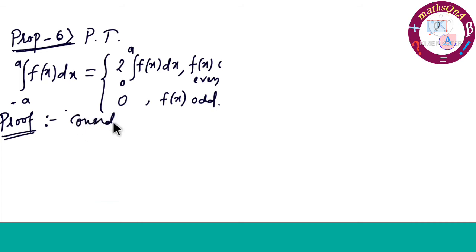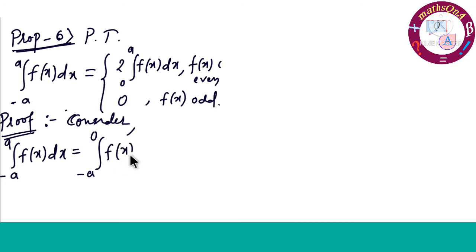So first of all, consider integration of minus a to plus a f of x dx. It can be written as integration of minus a to 0 f of x dx plus integration of 0 to a f of x dx.